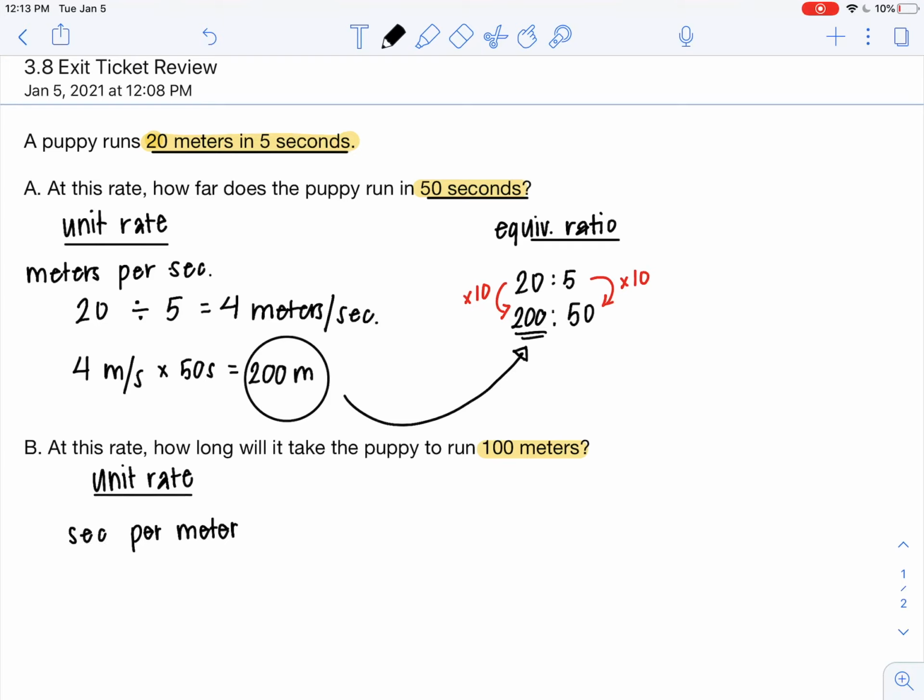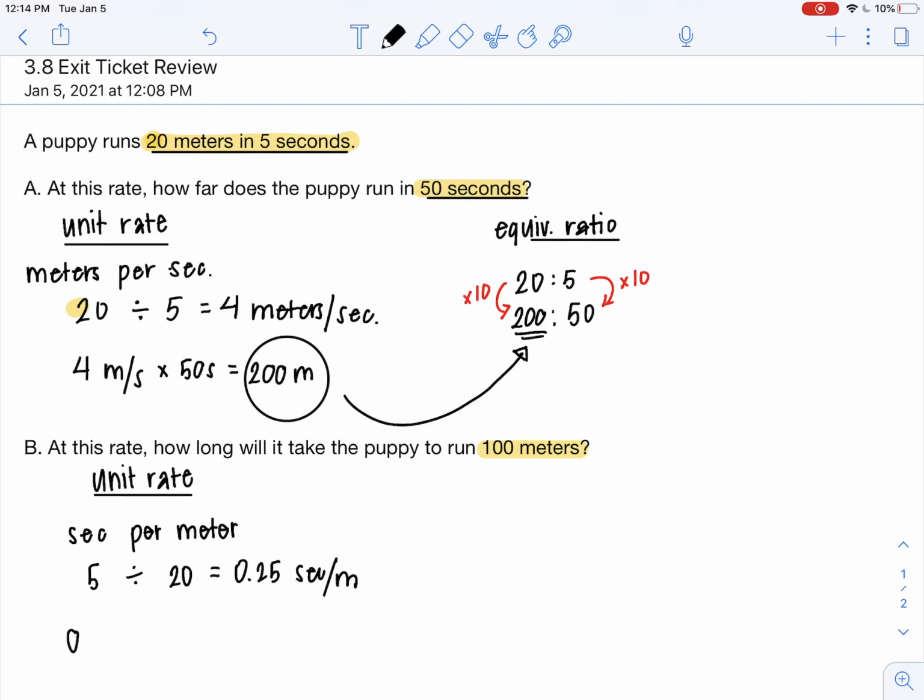So instead of dividing 20 by 5, which is what I did up here, I'm going to divide 5 by 20, which gives me 0.25 seconds per meter. It's how long it takes the pup to run 1 meter.